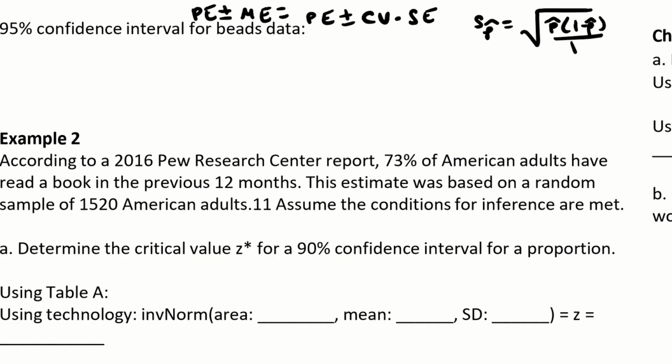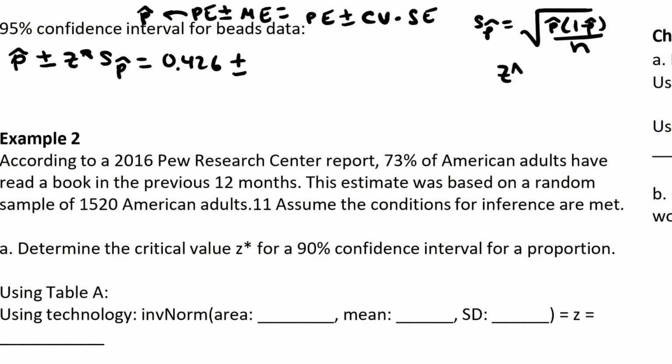And the point estimate for the beads example is p hat, right? All right, so we have p hat plus or minus z star times s p hat. P hat was 0.426 for the red beads. Now the z-star, we said that the z-star is 1.96. Remember we calculated that earlier from using the table? So we're going to use that.